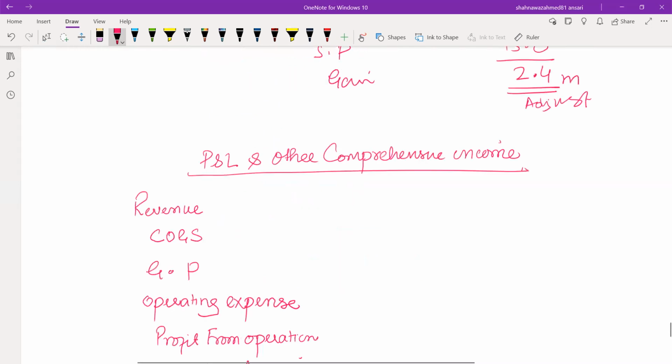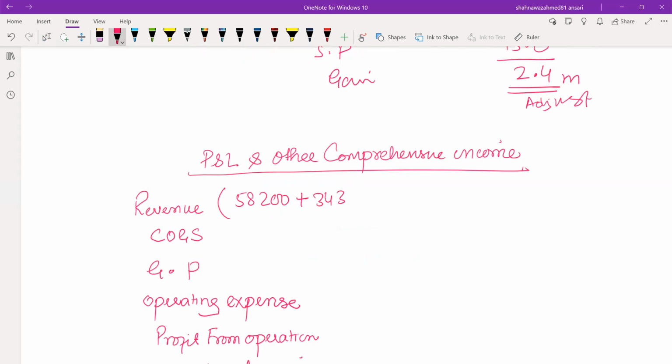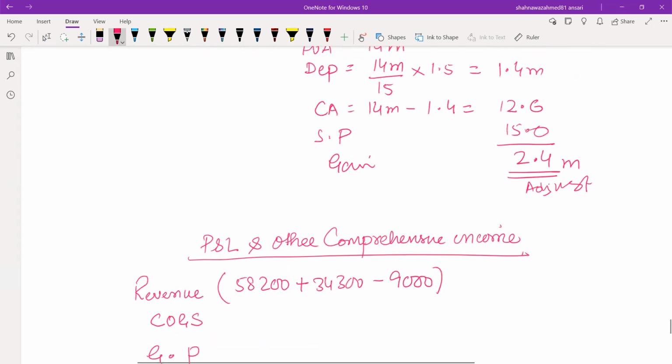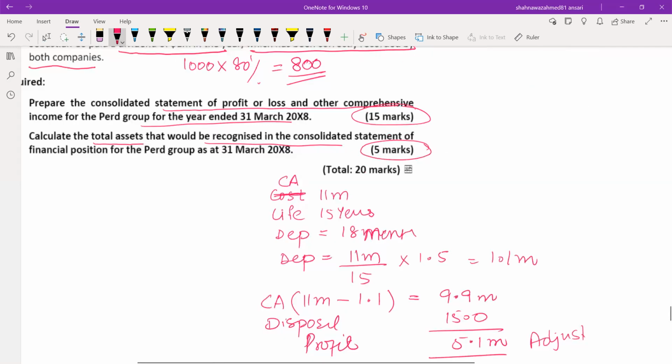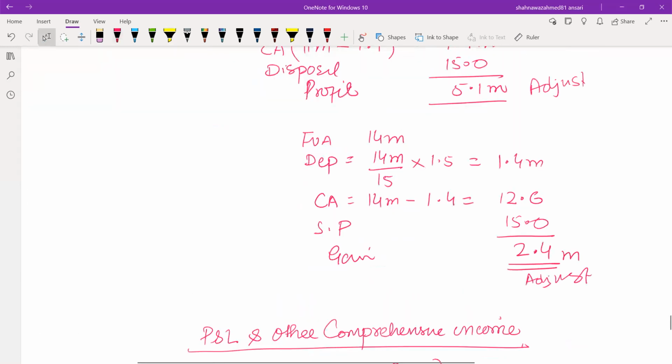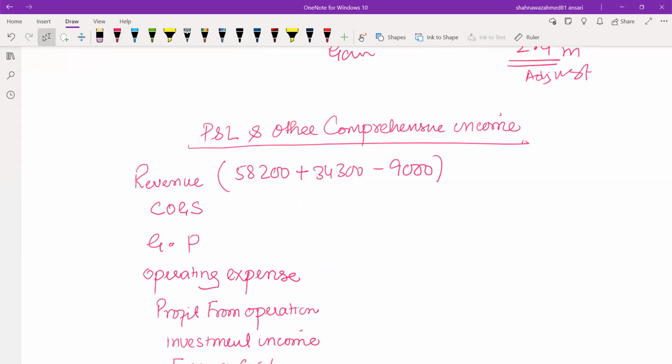So let's compile the revenue. Parent's revenue is 58,200. Subsidiary is 34,300. The intra-group sales is 9,000, given in adjustment. So it's 83,500. Cost of goods sold, parent is 34,340, subsidiary 20,400, minus 9,000 plus unrealized profit.